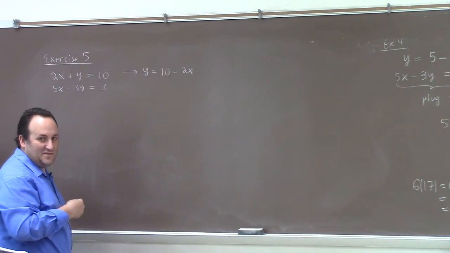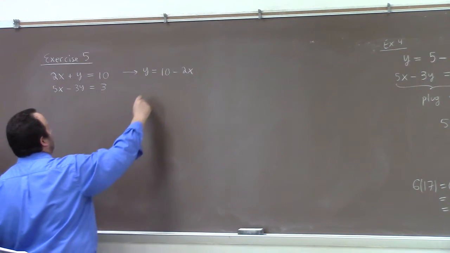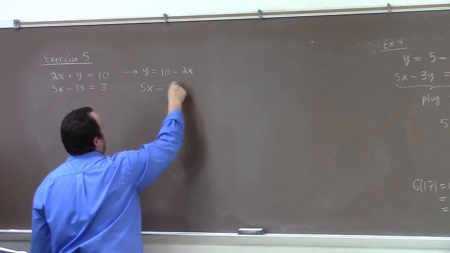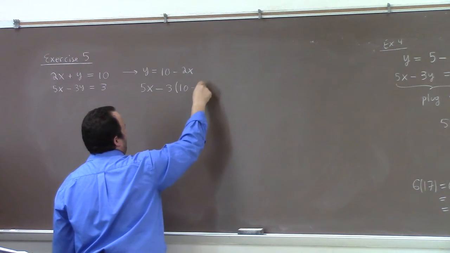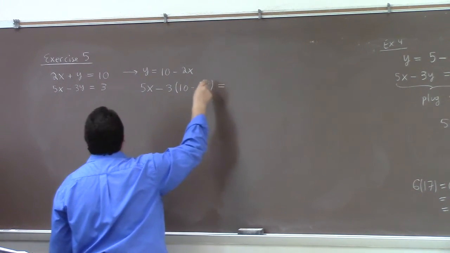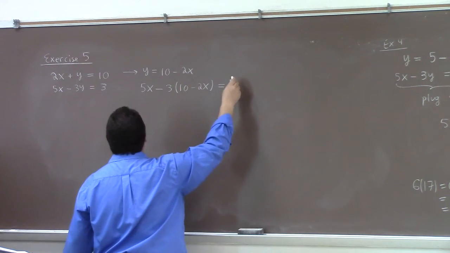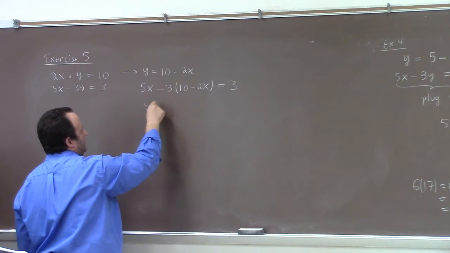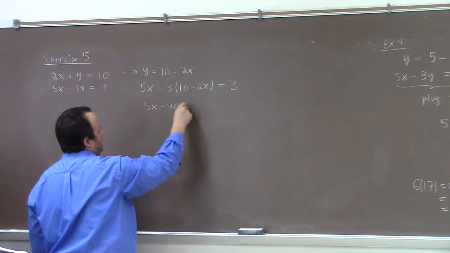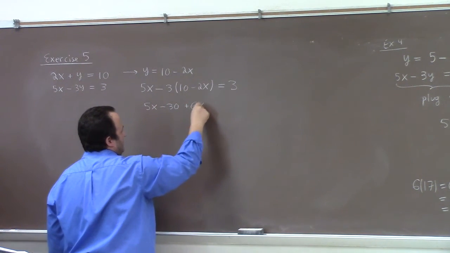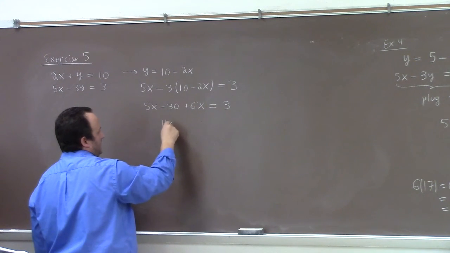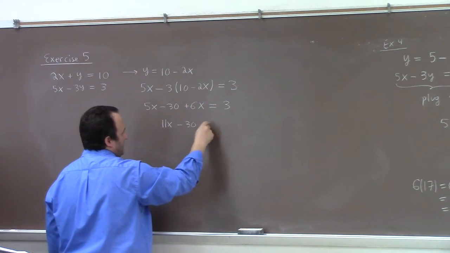So let's go through the rest of the steps. So we got 5x minus 3 times 10 minus 2x equals 3. Now we distribute. We got 5x minus 30 plus 6x equals 3. That's 11x minus 30 equals 3.